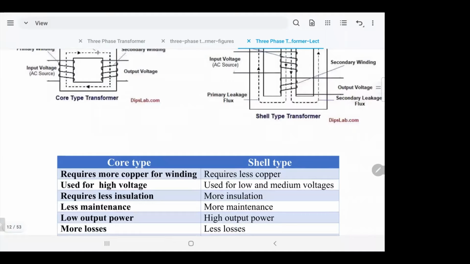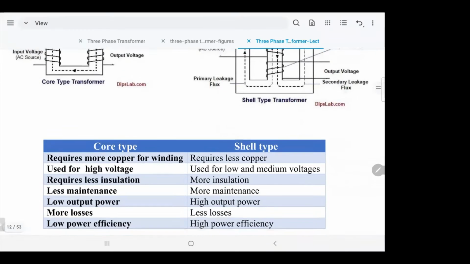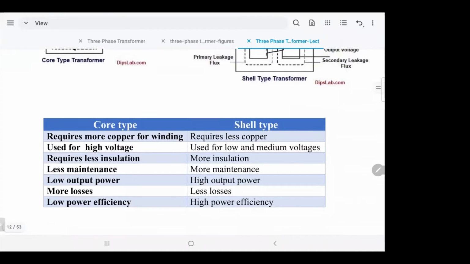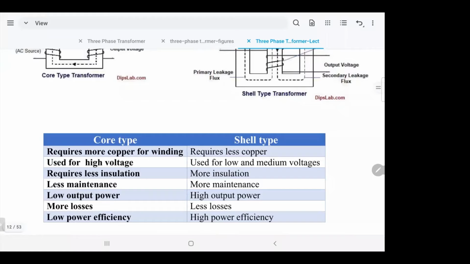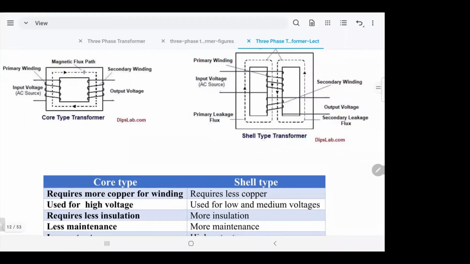What kind of cover am I talking about? The windings. Because here the magnetic flux is linking everything, the leakage is minimal, so you don't have to have more copper winding than what we use in the core type. This one is used for high voltage, and the shell type is used for low voltage and medium voltage.